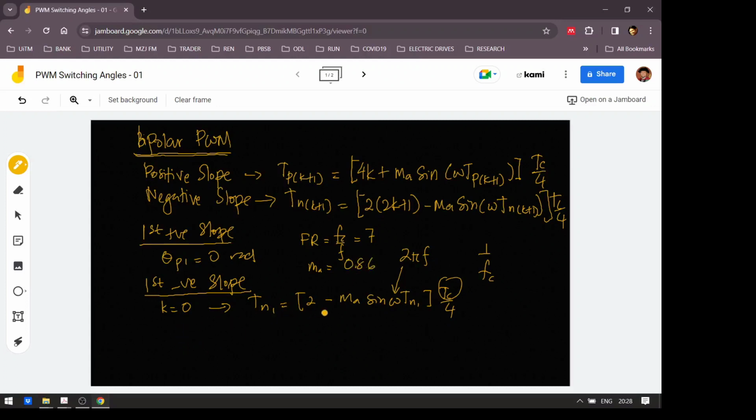Okay, so we replace this, and it is convenient to convert that into radians. To convert to radians, what we do is multiply both sides by omega. So now we have omega t n1 equals 2 minus ma sine, oh, I should have replaced that straight away with 0.86, then sine omega t n1.